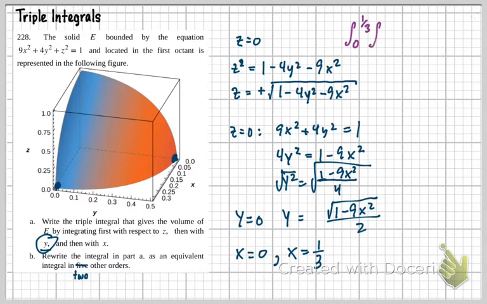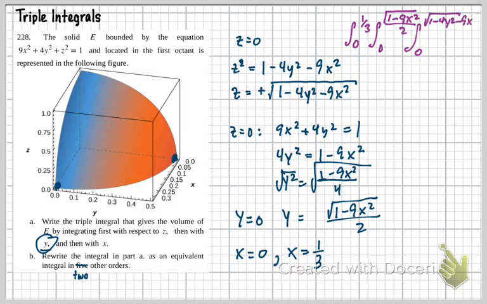And the y was from 0 to 1 minus 9x squared over 2. And then the z was from 0 to square root of 1 minus 4x squared, or y squared. Let me fix that y.